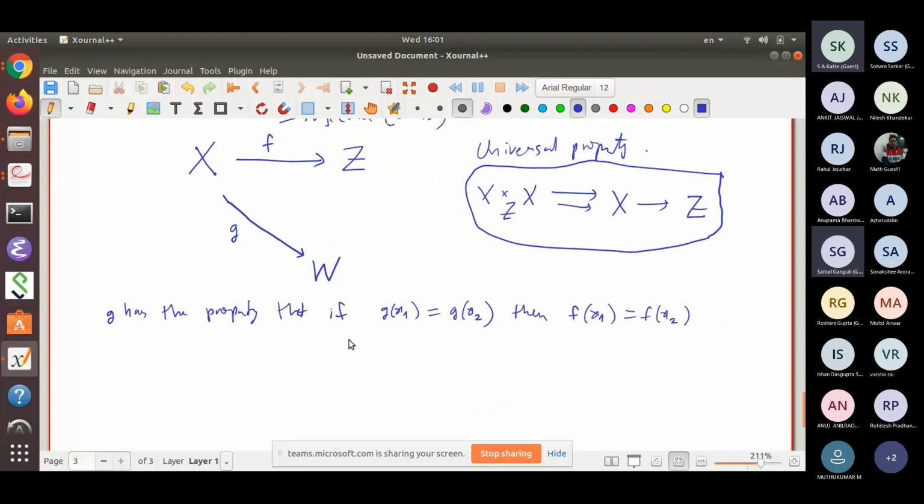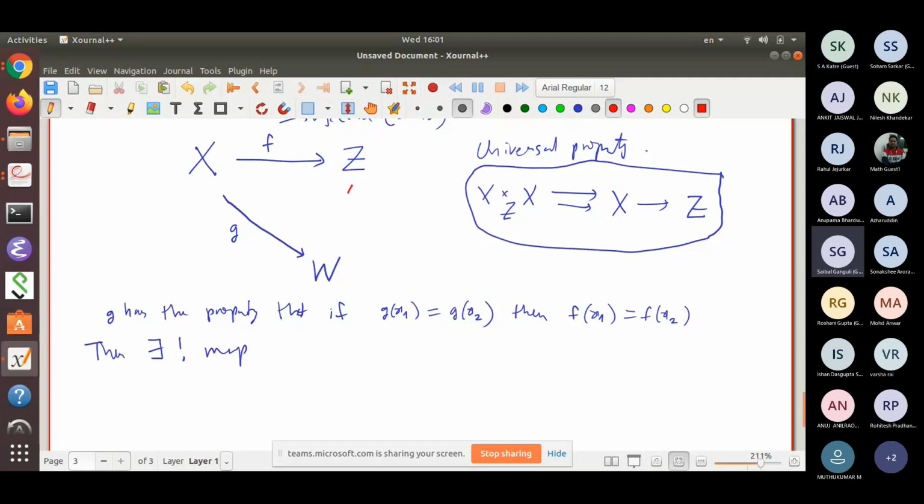Okay. G has a property that if G of x1 is equal to G of x2, then F of x1 is equal to F of x2. Then there exists a unique map, and I'm going to show it in red.